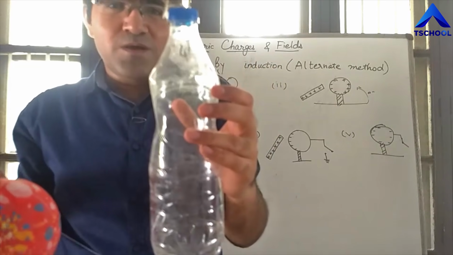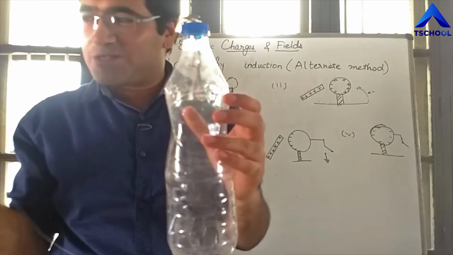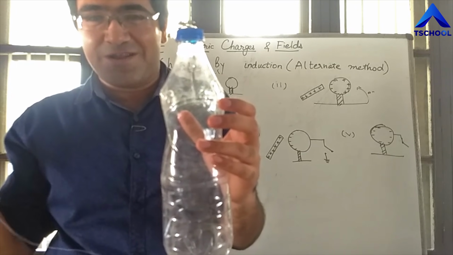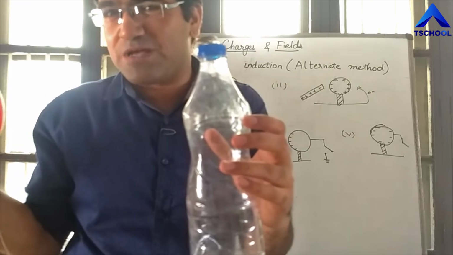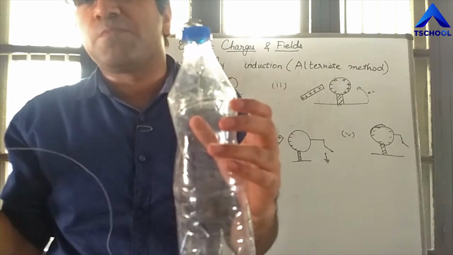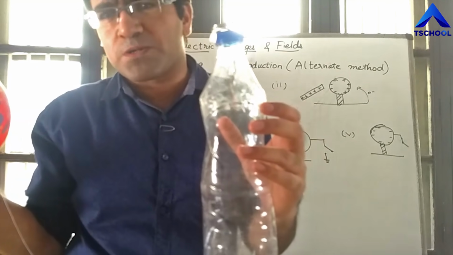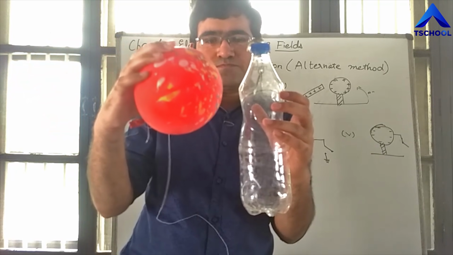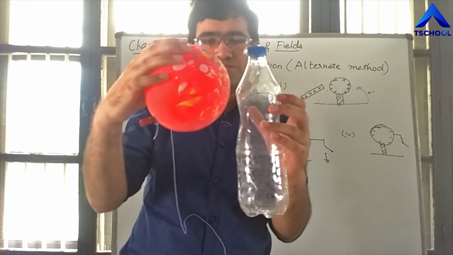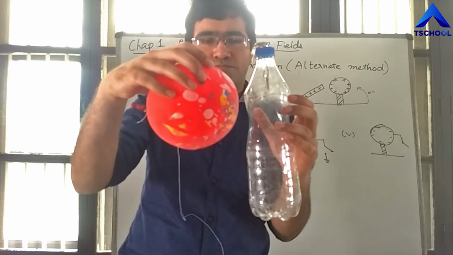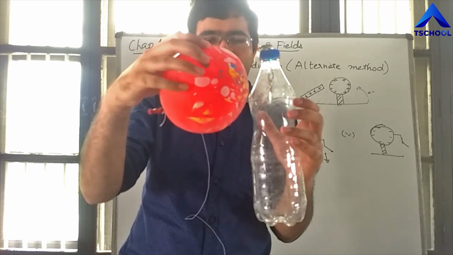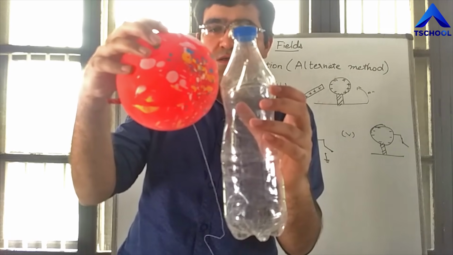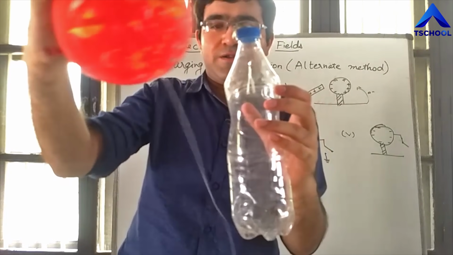Now what happens if I bring this very balloon close to these leaves, right? Although there is a bottle in between, plastic really doesn't stop the charges from applying force. Okay, so let's have a look. Do you see that the balloon attracts?